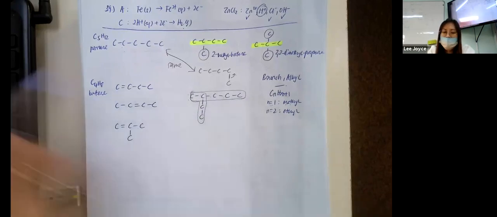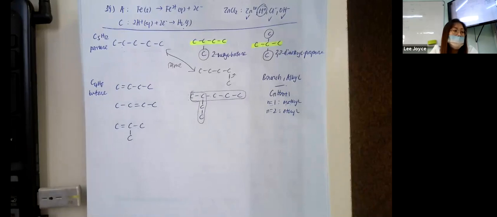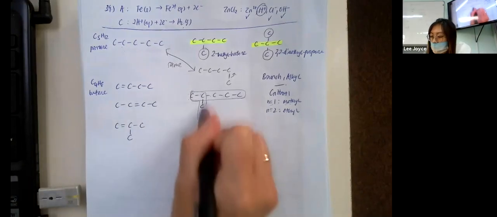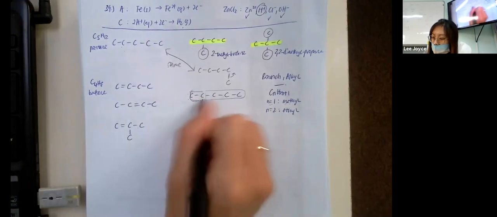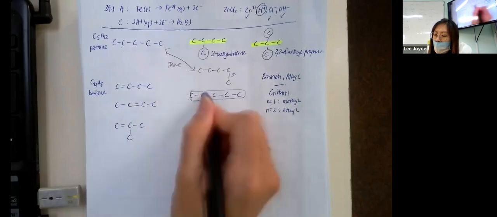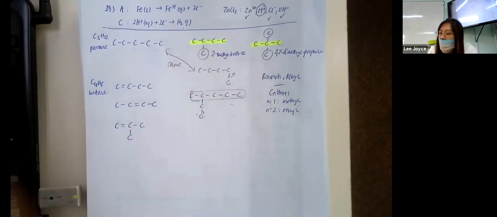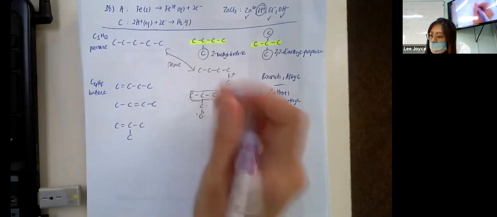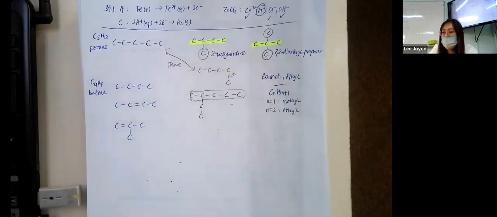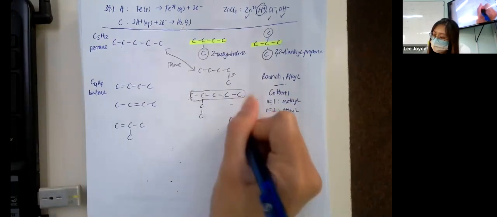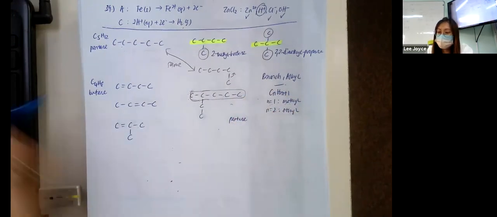So this is 5. So the base name is what? Pentane. Right, so pentane. You see this is a pentane. Right? So next, we got to name the branch.